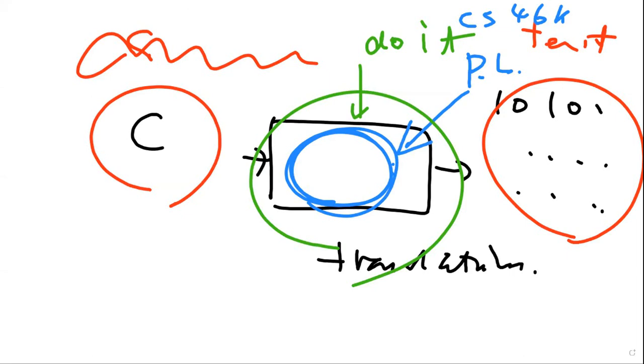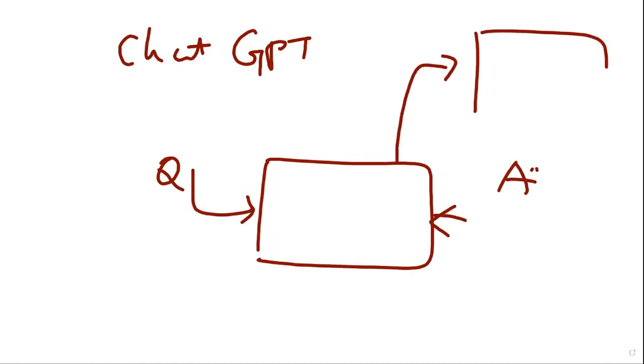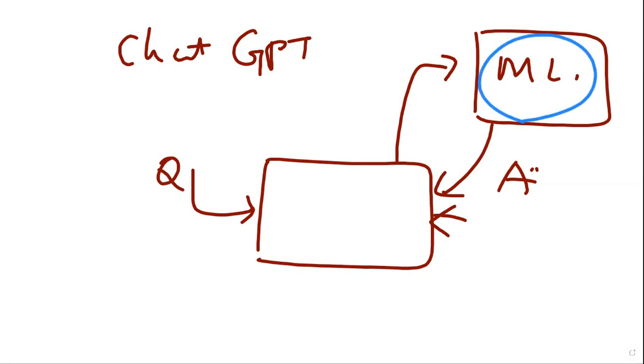Okay, and then let's look at ChatGPT. What is ChatGPT? ChatGPT is actually question to answer. And this answer is helped by machine learning. The only difference is that it comes with deep learning and machine learning.